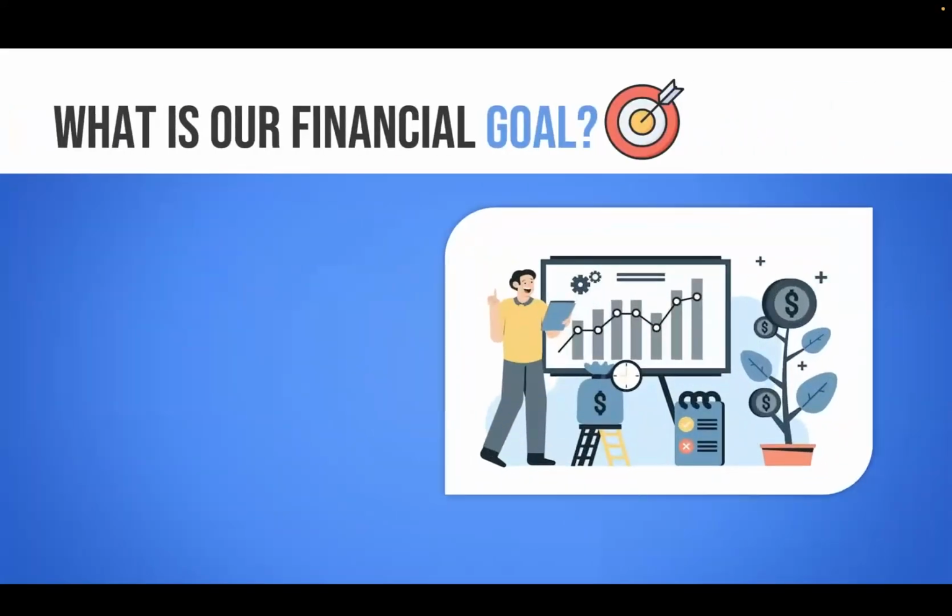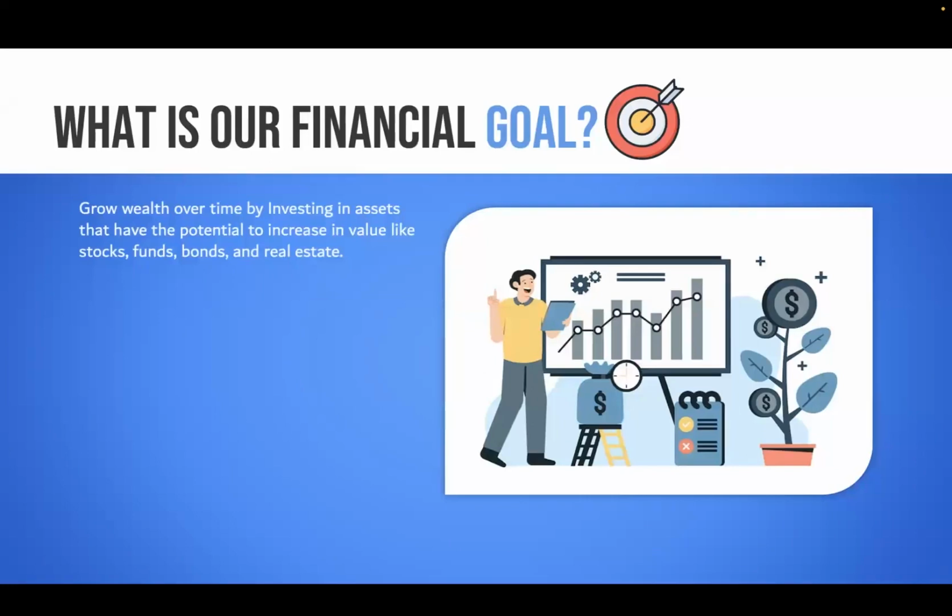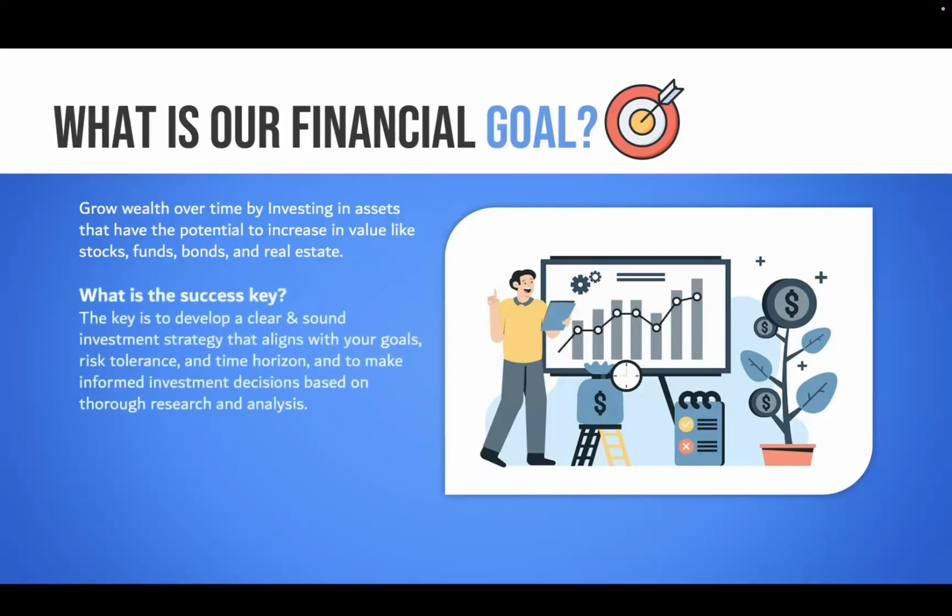All right, so if we zoom out and see what our financial goal is, take a 22-year-old coming out of college. That's a question someone may ask him or her. The basic goal is: I want to grow my wealth over time by investing in assets that have the potential to increase in value. What could those assets be? Stocks, funds, bonds, and real estate. Things we invest in that have the potential to grow. So what is the key to success?